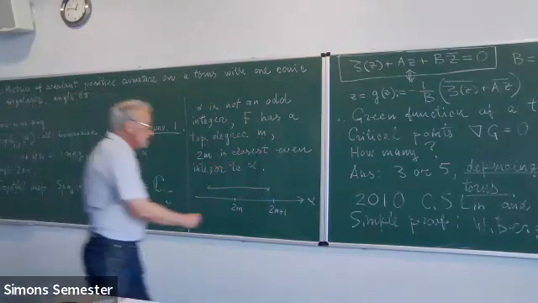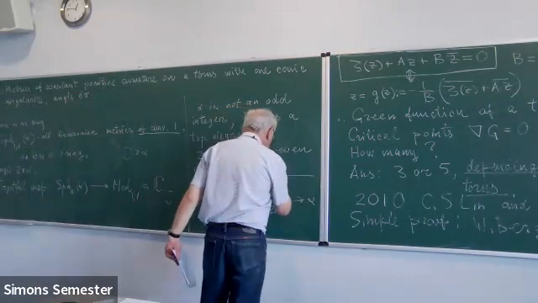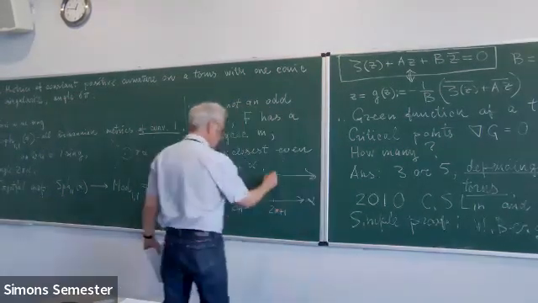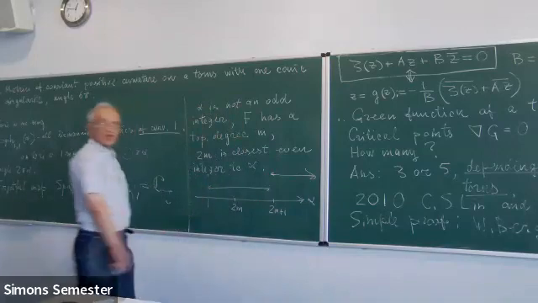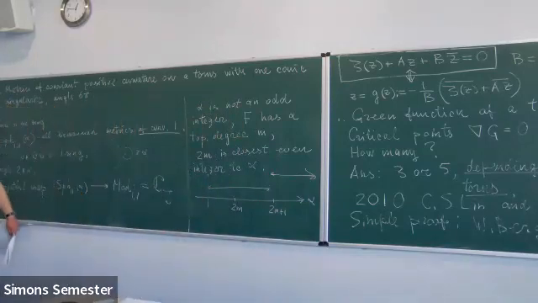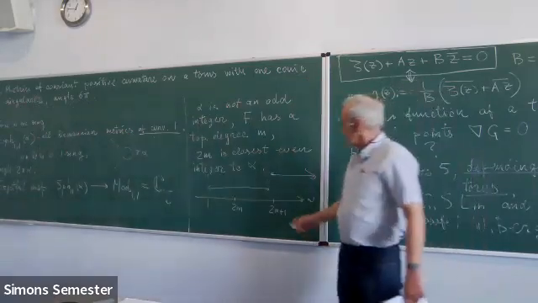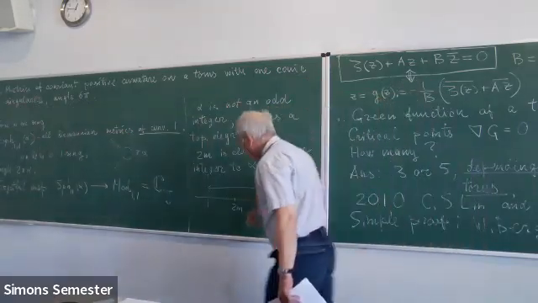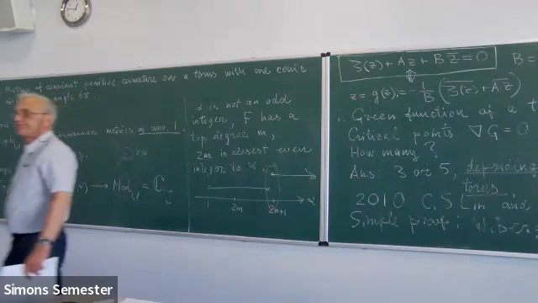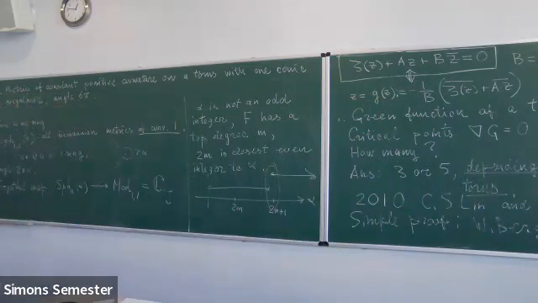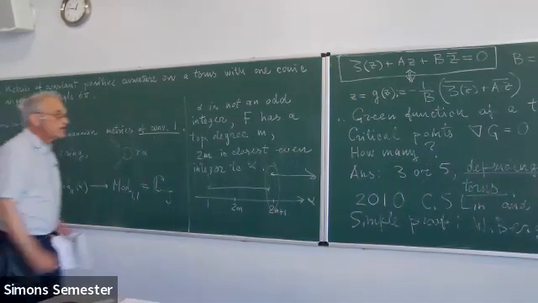But then it jumps by 1 at each odd integer. And for an odd integer itself, the degree is not defined. It is not a proper map.